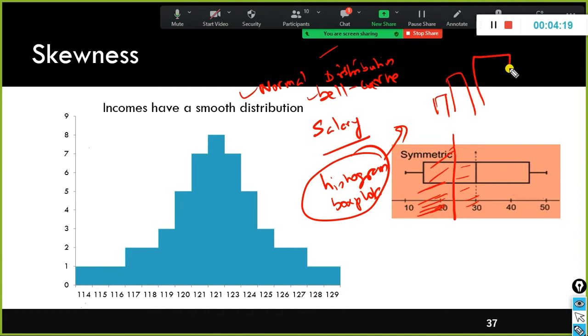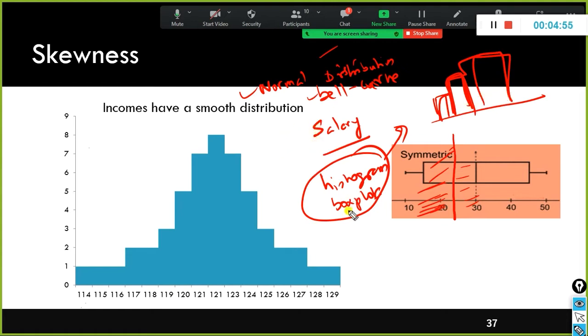If you want to compare more than one category side by side, this bar chart, or column chart, is very helpful. In the case of a bar plot, you have a gap between the columns. In the case of a histogram, there is no gap between these bars. That is your histogram.